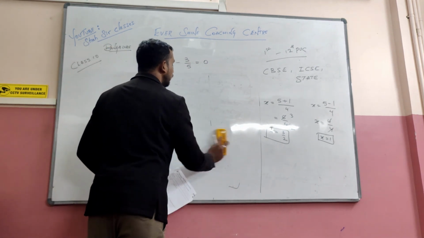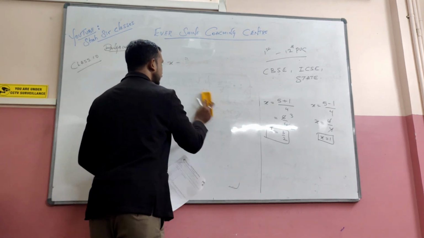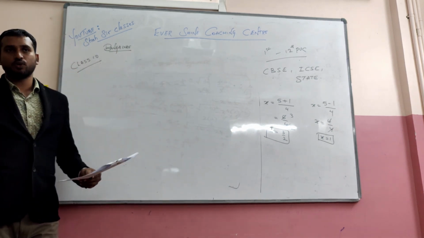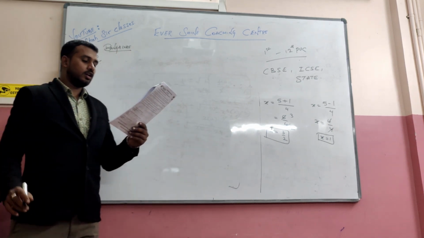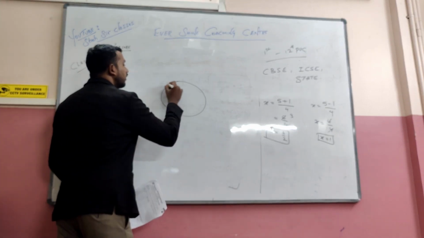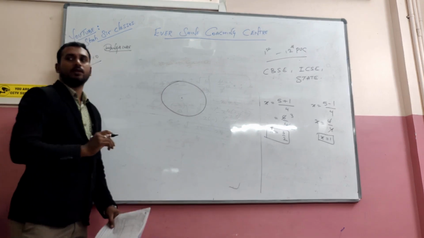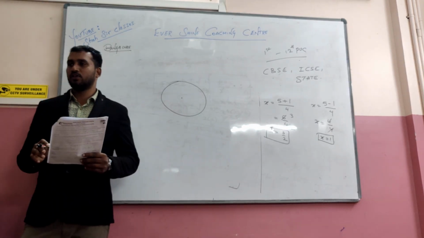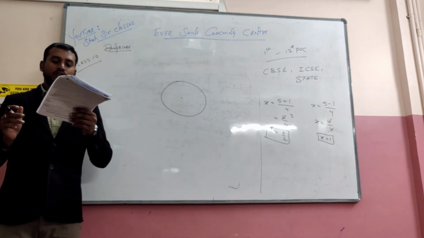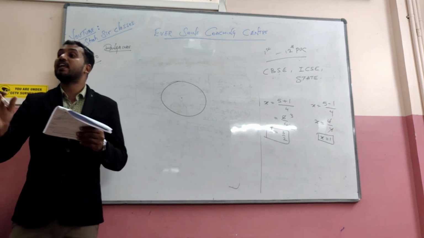So children, I'll just give you a clue how to do this construction. Maybe this construction is not there in your textbook. Okay, see here. Draw a circle of radius 2 centimeter. We have drawn a circle of radius 2 centimeter. Now we have to construct a tangent at the non-center end point.